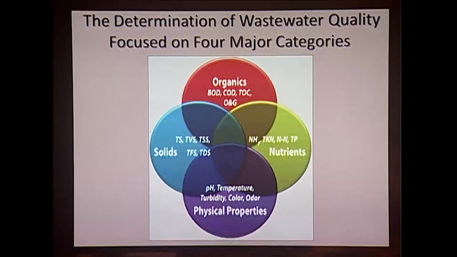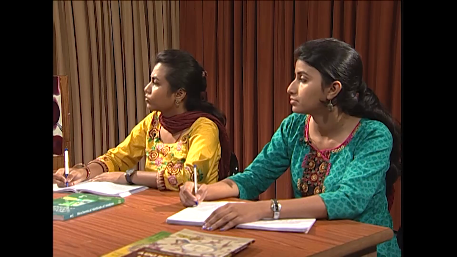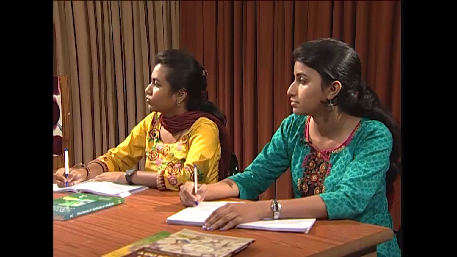So there are four major categories by which we can assess wastewater. Number one is nutrient, that is the amount of nutrient present in water, whether nitrogen or phosphorus, because they occupy a very important place in the aging of the water body.